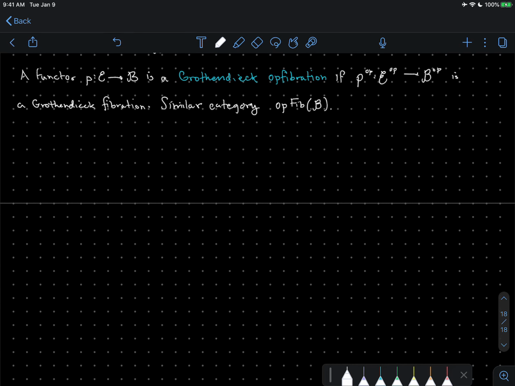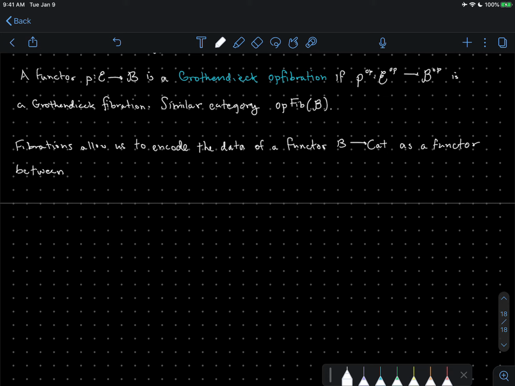So these are important because they allow us to encode the data of a functor from B to the category of categories, which can sometimes be difficult to construct, as a functor between two categories.